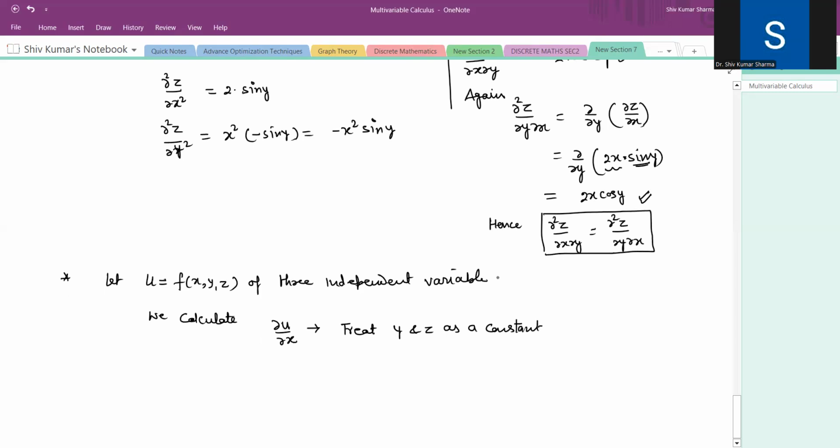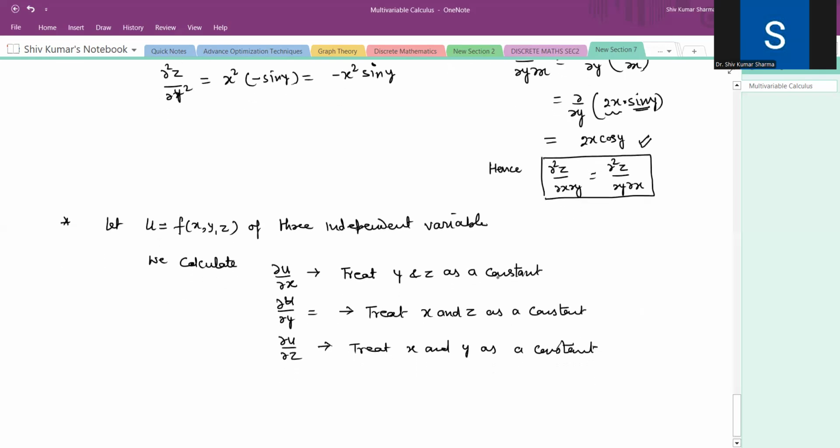Similarly, when we obtain ∂u/∂y, we treat x and z as constants. And when we are obtaining ∂u/∂z, we treat x and y as constants.